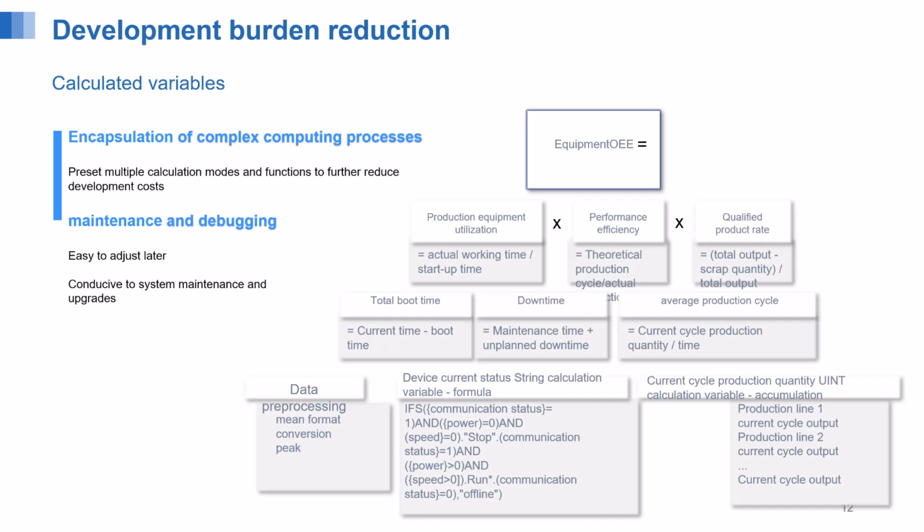When it comes to calculation tasks such as complex formulas, conversion functions, or engineering unit conversions, placing this logic in calculation variables makes it more convenient to modify or adjust the calculation rules later, which is beneficial to project development. And there is no need to program, just use easy configuration.